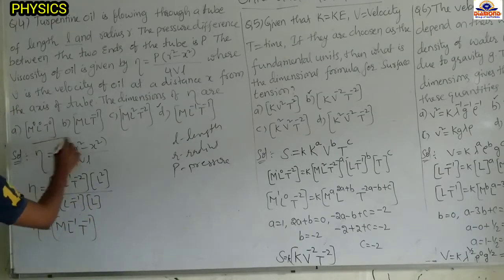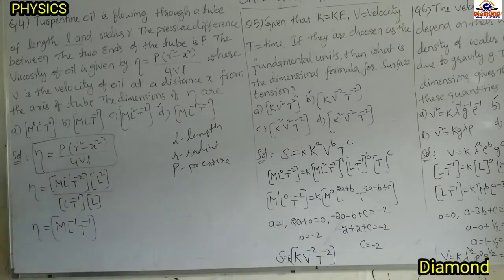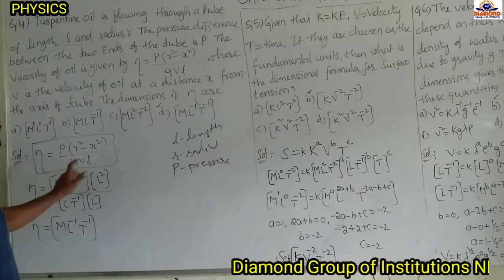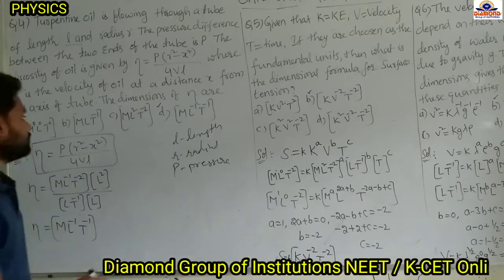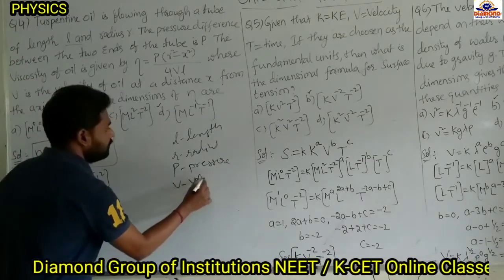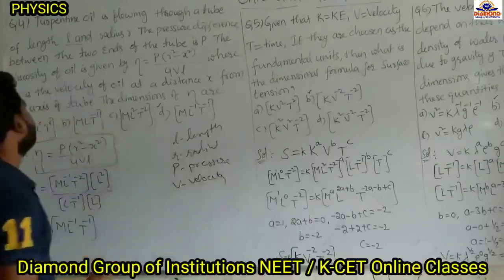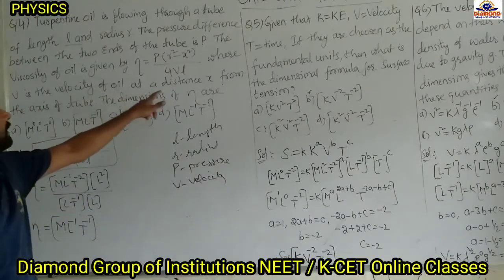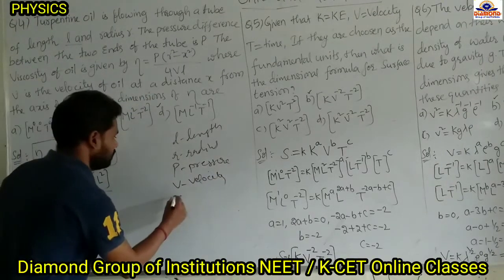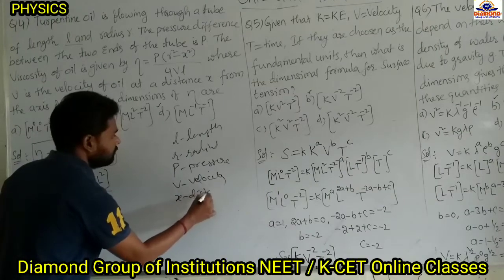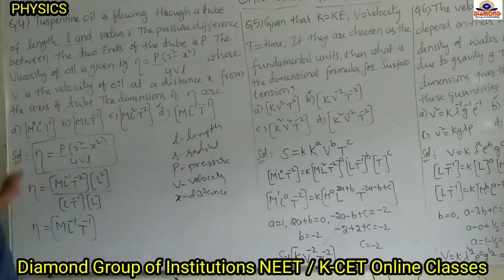I have written the formula here, where V is the velocity of oil at a distance x. X is the distance, a length, from the axis of the tube.